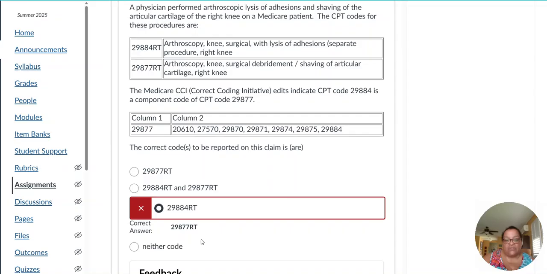So the correct answer for this particular clinical piece of information, when a patient has an arthroscopic lysis of adhesions and an arthroscopic shaving of the cartilage of their knee, the only code assigned is 29877. That separate procedure word is a signal to say, I like to be by myself.